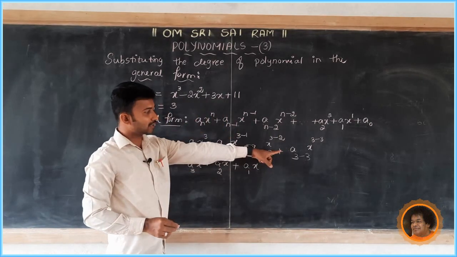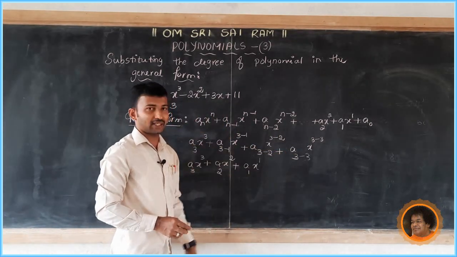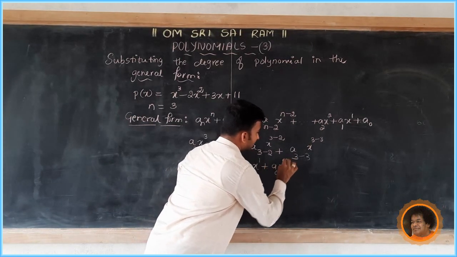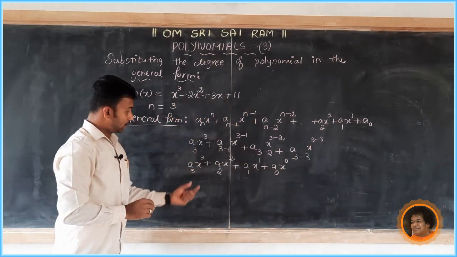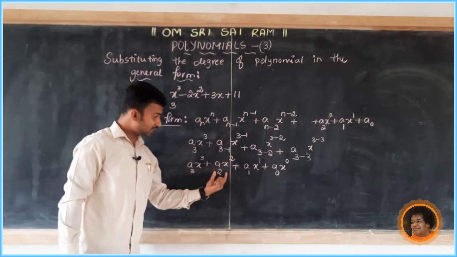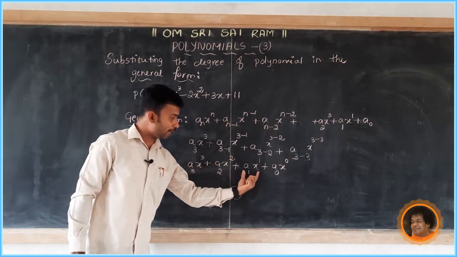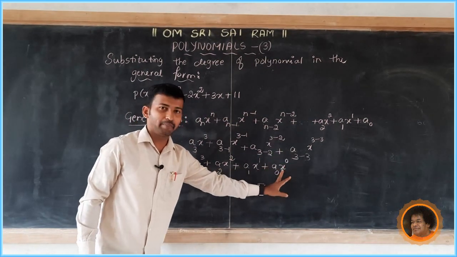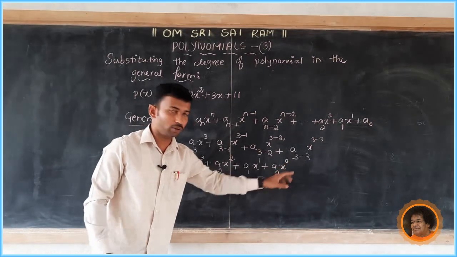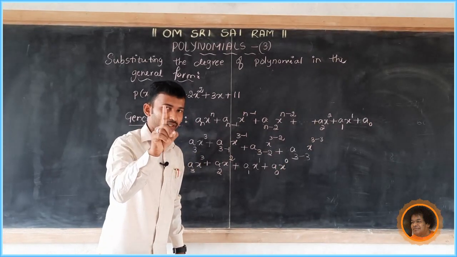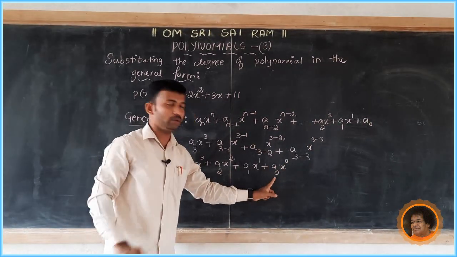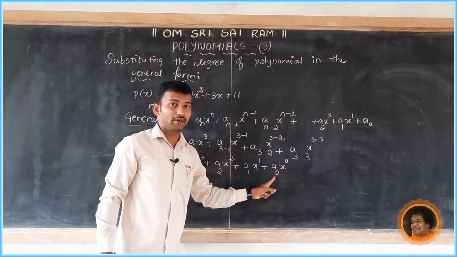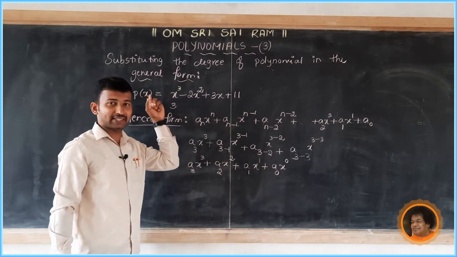Then the last term, a3 minus 3, is a0, x power 0. So, a3 x3 plus a2 x power 2 plus a1 x power 1 plus a0 x power 0. But remember, x power 0 is always equal to 1. So, 1 into a0 only. Then we have the polynomial with the variable x.